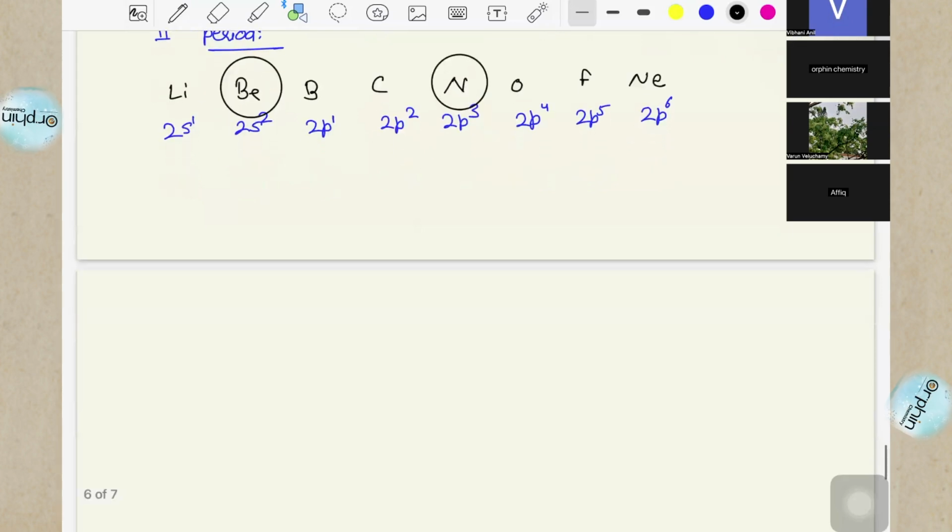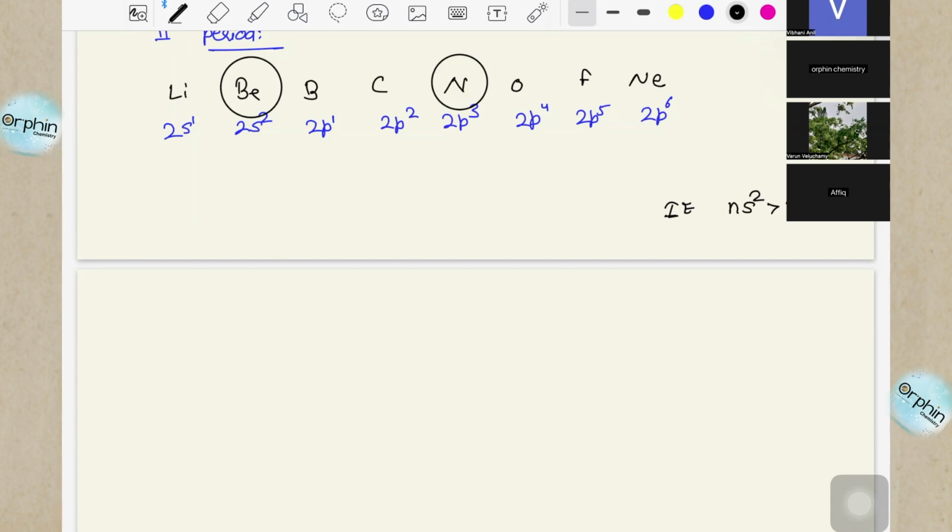So I can say here one point: ns2 configuration has more ionization energy than np1 configuration.